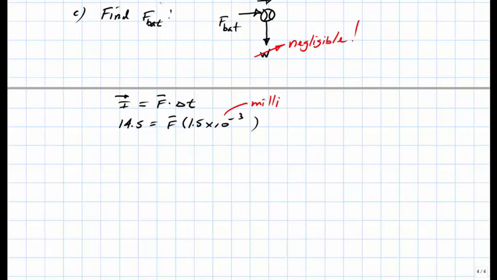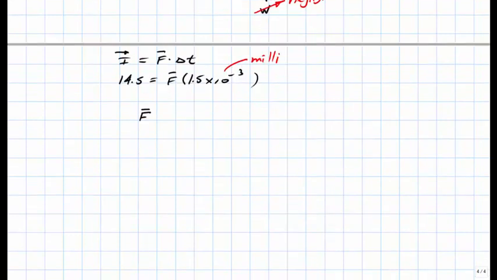Now, if we solve for the average force, we obtain 9,667 newtons, which is much, much larger than the weight of the ball. If we were to calculate the weight of the ball, it's only 145 grams.